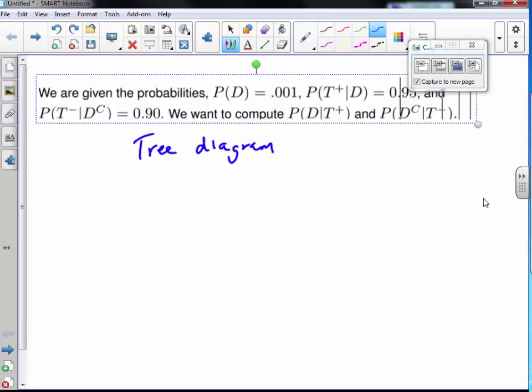And so we start out with the event that we know the unconditional probability of. And so we have a branch for D and for D complement.